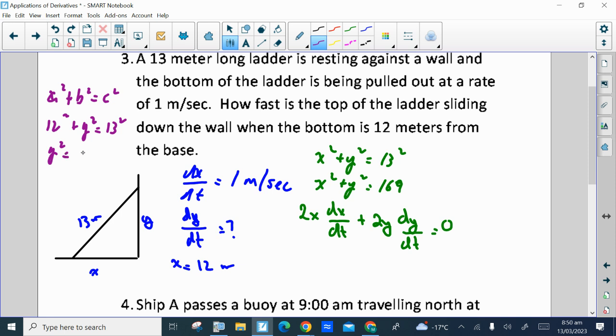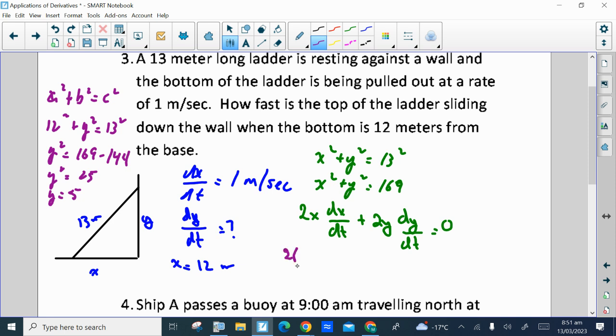So y squared will be 13 squared, which is 169, minus 12 squared, which is 144. So therefore y squared equals 25, and y equals 5. So now we have everything that we need. Okay, we can definitely start plugging things in here.